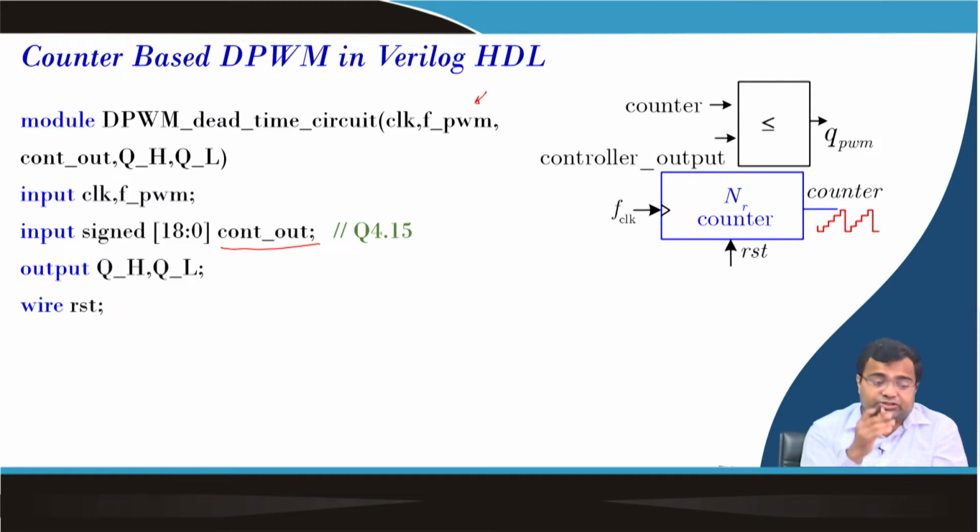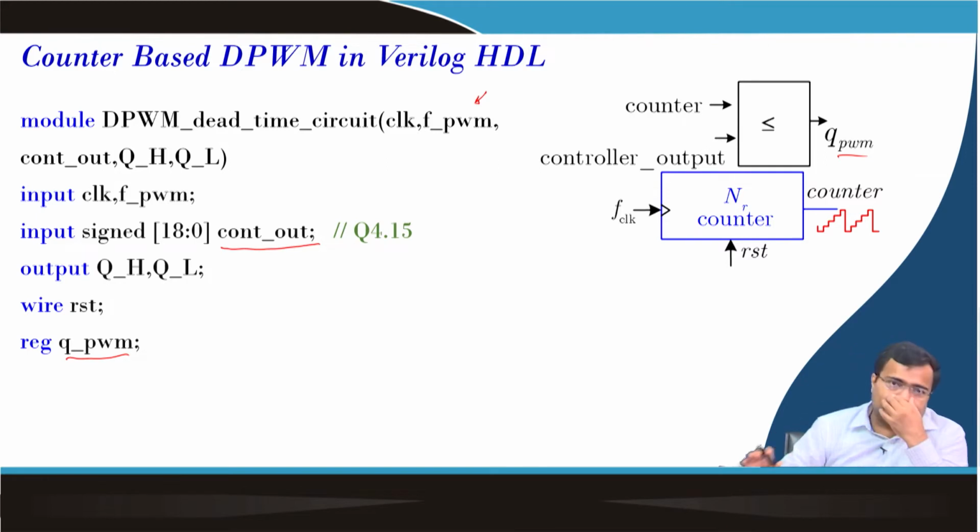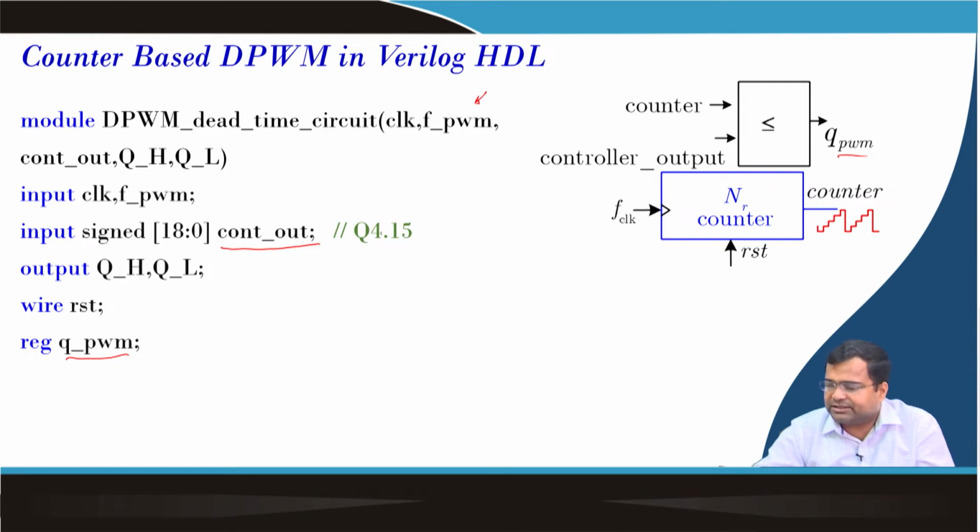It is just to check whether we are able to generate the duty ratio, and using that, get the signal Q PWM. After getting PWM, how do QH and QL look? That is the main objective of this lecture.